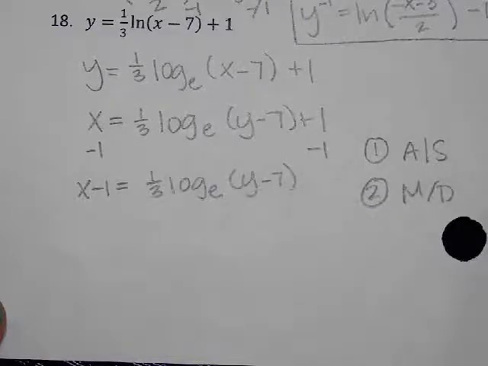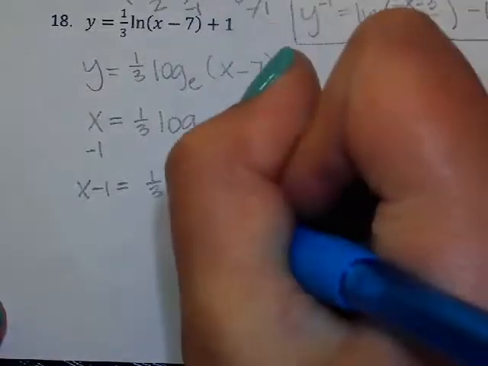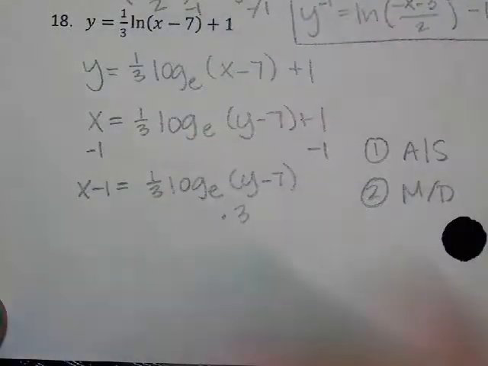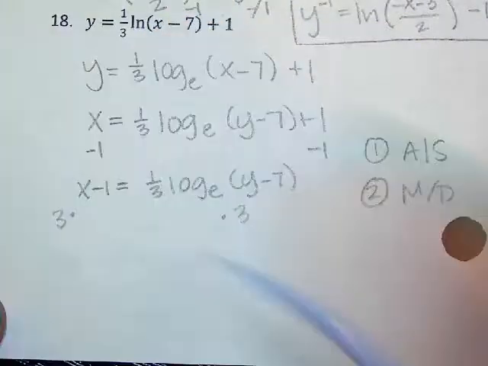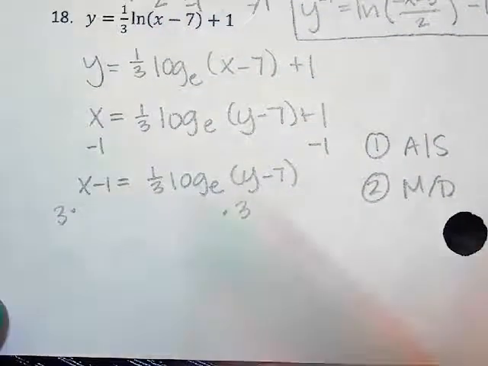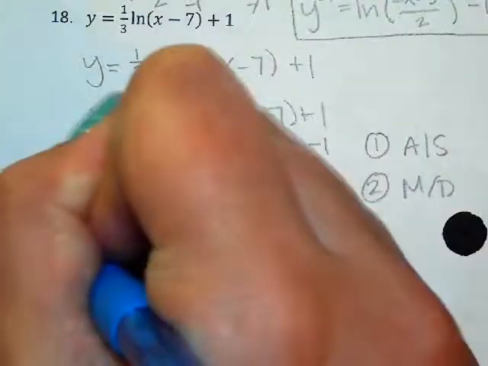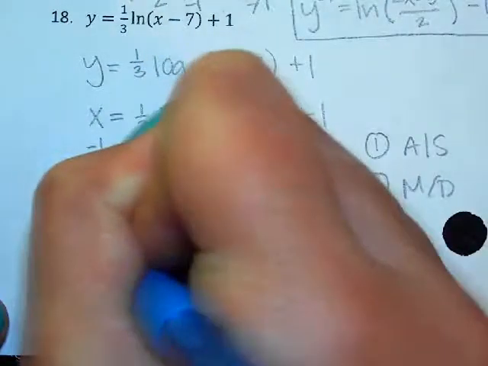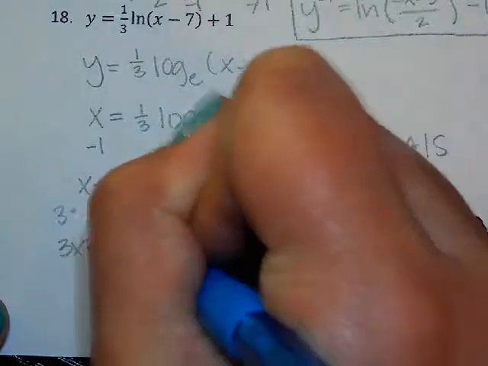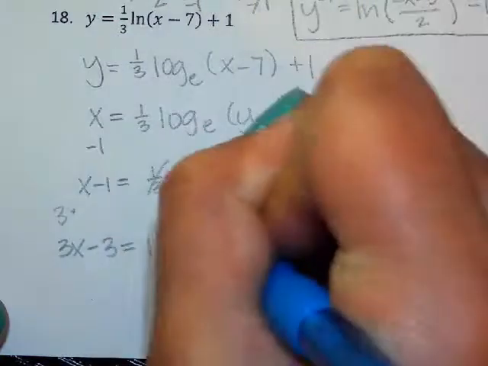It's not the easiest thing to do. It's a little bit easier to multiply by 3. That's going to be an easier thing for us to handle. So I'm going to say that I will multiply by 3. And over here, I'm going to multiply by 3. And when I multiply by 3, what do I get? I get 3x minus 3 equals log base e of y minus 7.